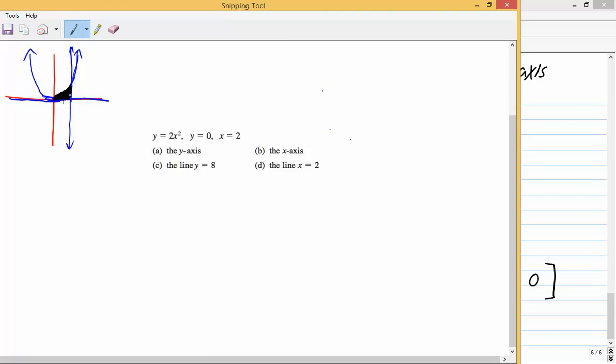Alright, now let's just imagine what the figure would look like and try to sketch each one of these. So first, I'll put A. I just want to sketch what it would look like once you take that region and revolve it around the y-axis.